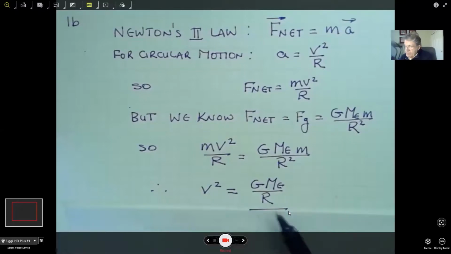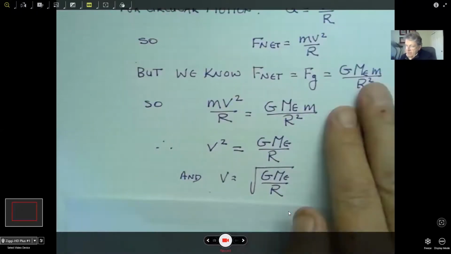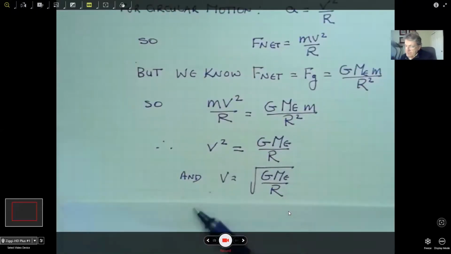It doesn't depend on the mass of the spacecraft at all. And so we can take the square root of both sides to get an expression for the size of the velocity, which is the speed of the satellite. To maintain this orbit, it must be the square root of G M E over r.